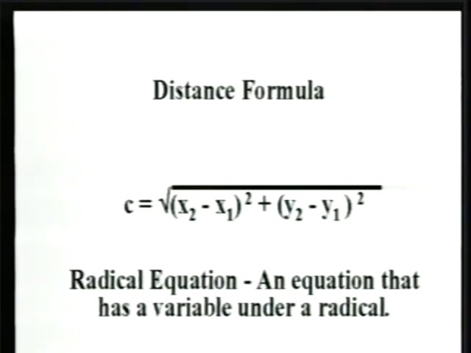And the distance formula is nothing but a radical equation, an equation that has variables under the radical. C equals the square root, which is a radical, of x2 minus x1 squared plus y2 minus y1 squared.